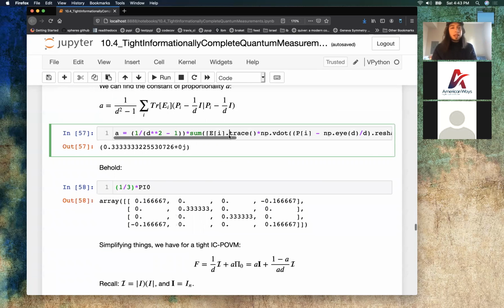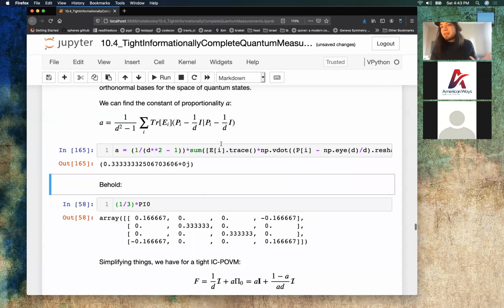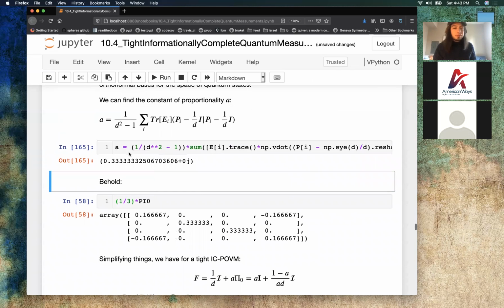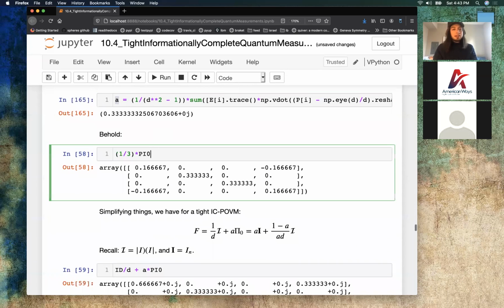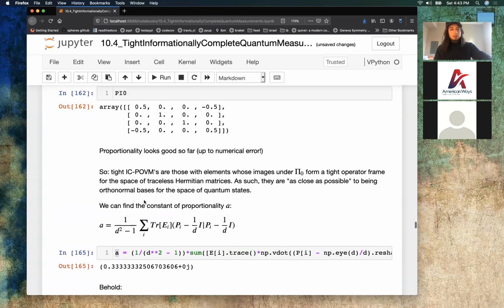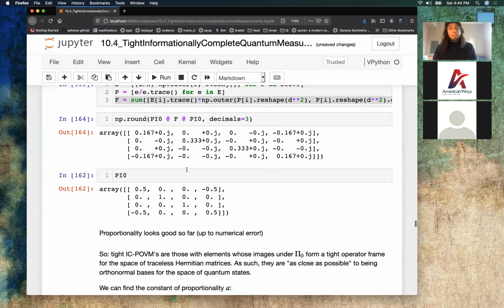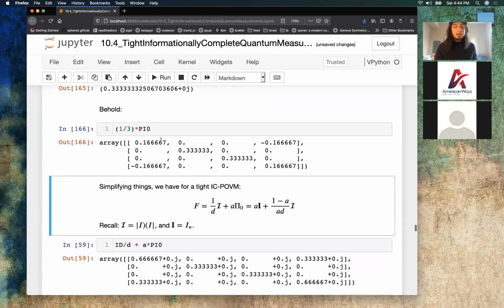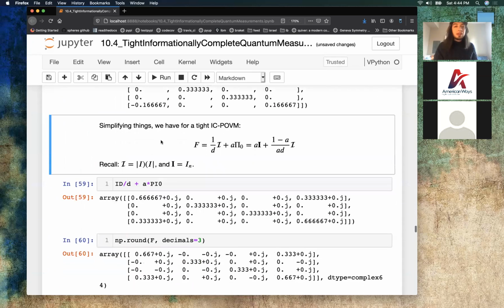So that's where that's coming from. In any case, we plug in the stuff that we found when we generated our SIC, and we get that A has to be a third, or close to a third. And indeed, if we multiply pi0 by a third, we get exactly what we found. So pi0 times F times pi0 is 1/3 times pi0 for this SIC in 2 dimensions.